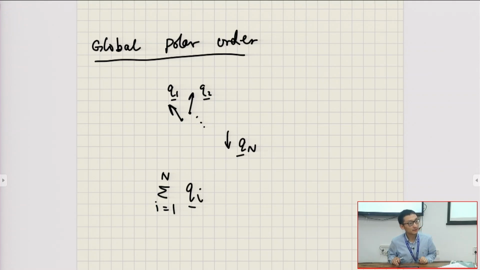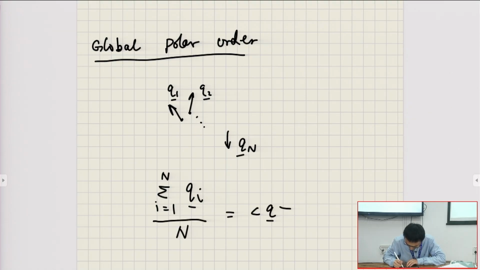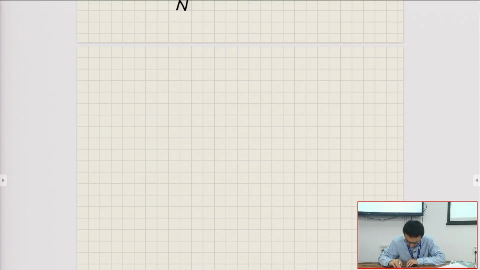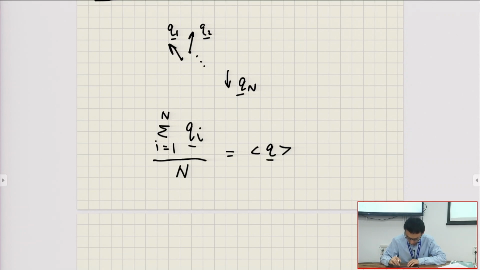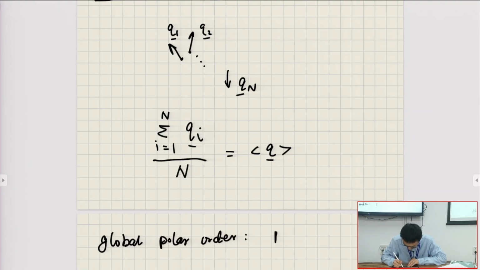I'm adding up vectors, so I get a single vector out of that. Let's just normalize it by N, so that it is an average. So I get an average q. Then the order parameter is the magnitude of this average. As an order parameter, let's just take the magnitude of this average vector.